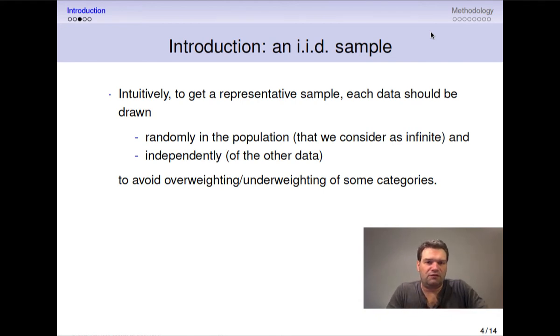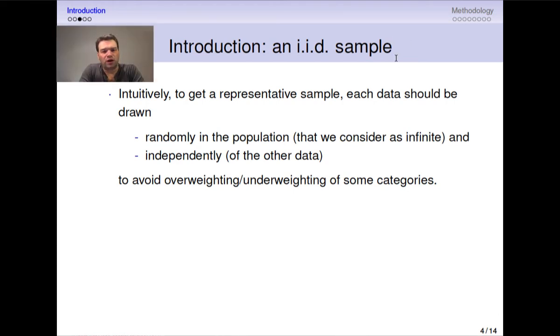Meaning that if the sample is larger and larger, we should get a sample which correctly approximates the population, which is more and more similar to the population. That is the purely intuitive idea behind an IID sample.